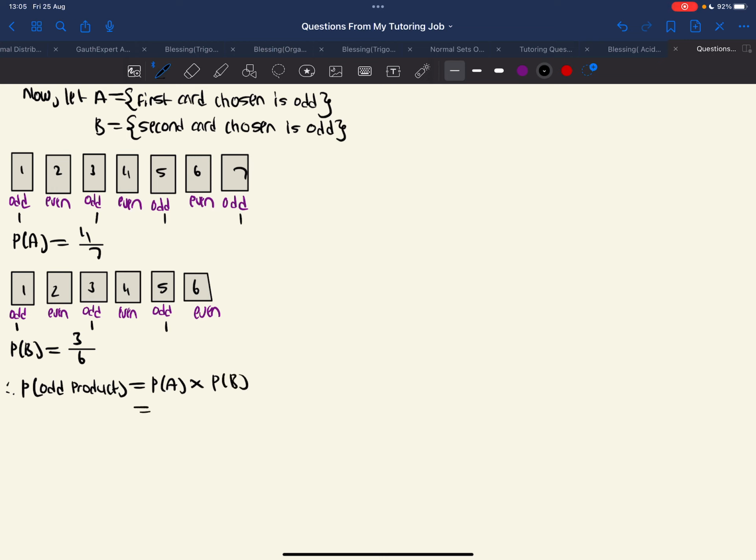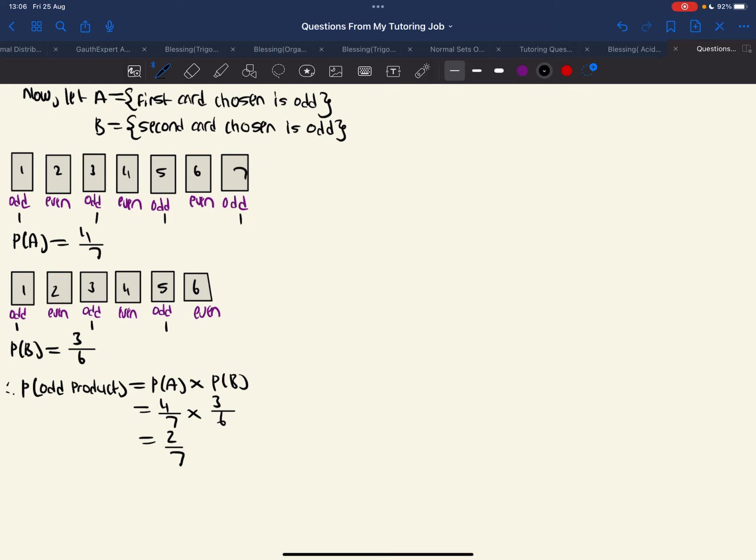P(A) was 4 over 7 multiplied by 3 over 6, and basically you're going to get 2 over 7, and that is the answer that we're looking for.